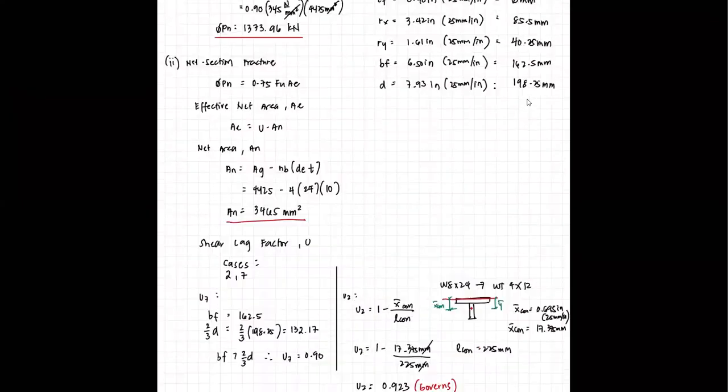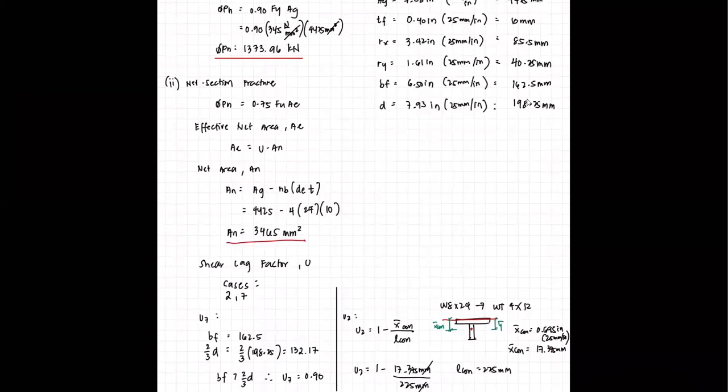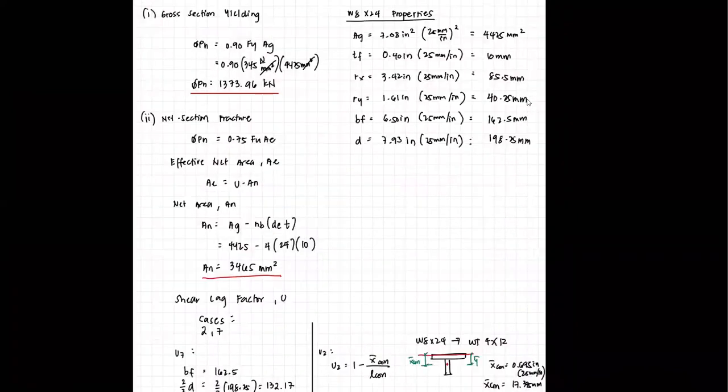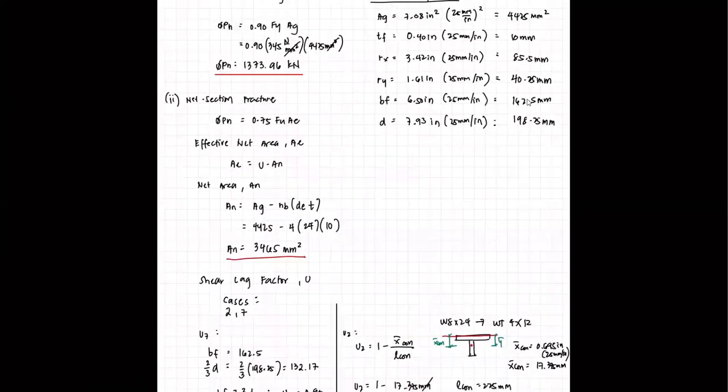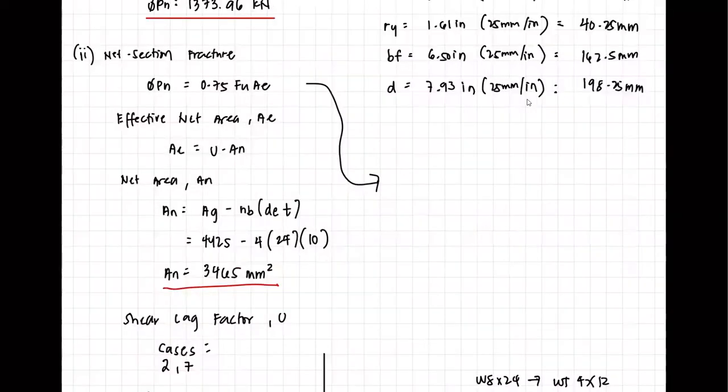Next, after identifying our shear lag factor, we can now continue with the calculation of our capacity, because we have the required value. So 0.75, then Fu is 65 ksi, which we have converted to MPa, that is 450 Newton per mm squared.